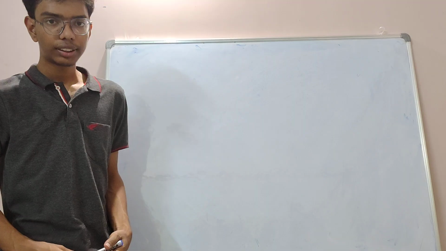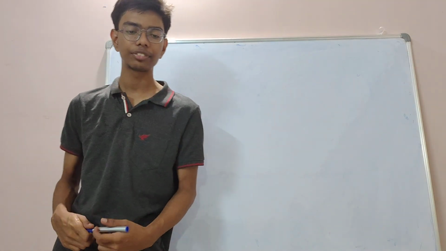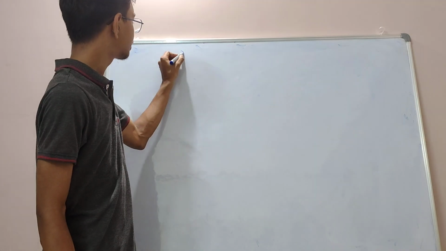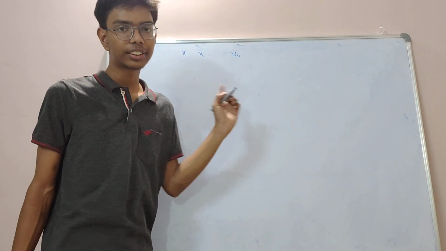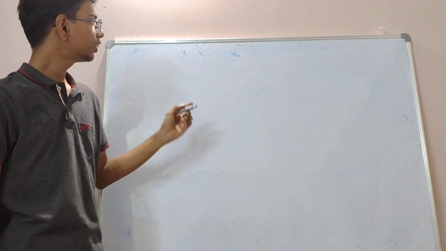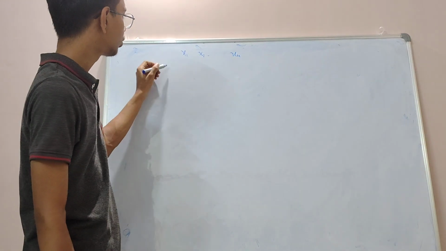So what is a discrete random variable? A random variable x that takes a specific separate value such as x1, x2 up to xn is called a discrete random variable, right? And what is a probability distribution function?